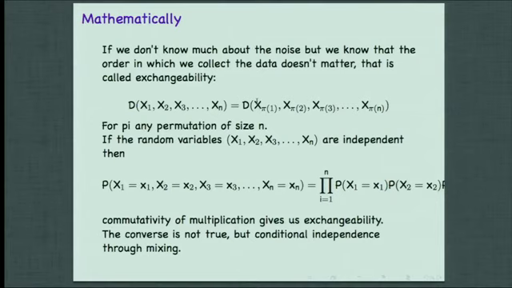Now, of course, independence is a trivial case, because the joint distribution in the case of independence is a product, and the product is commutative, so you can permute these around however you like. The converse is not true: exchangeability does not give you independence, but independence does give you exchangeability.